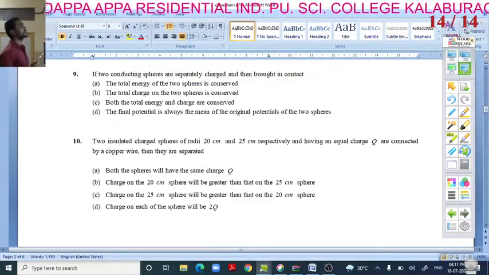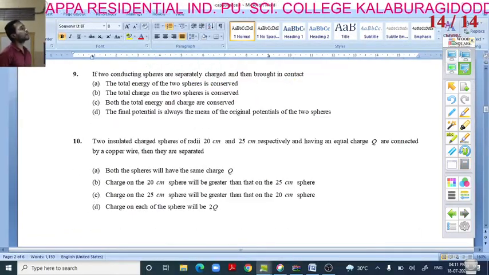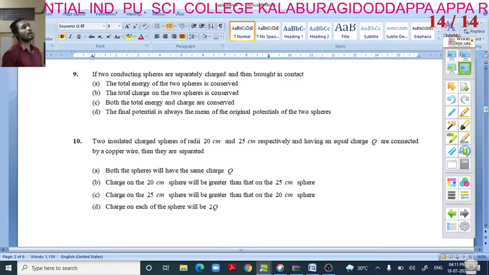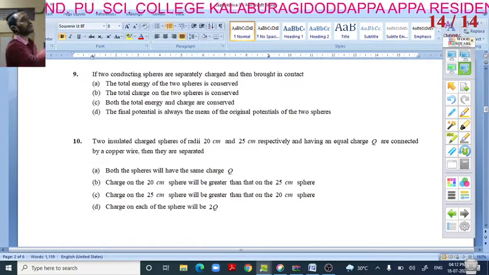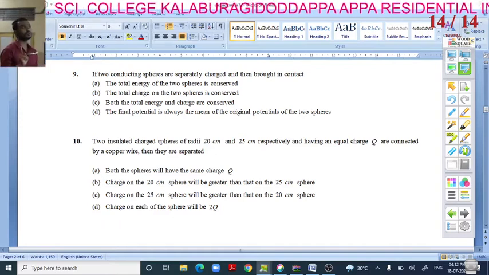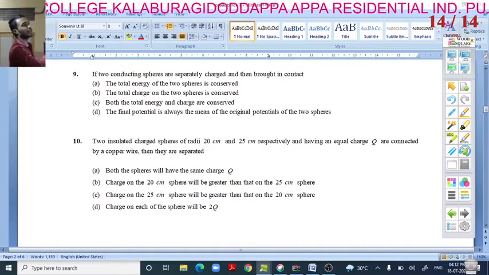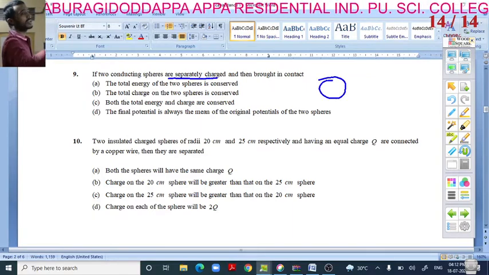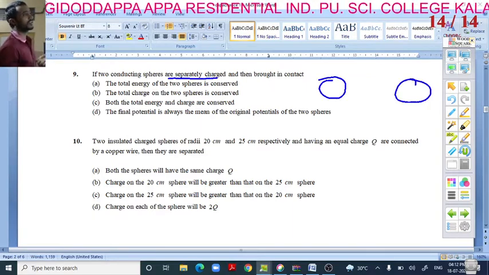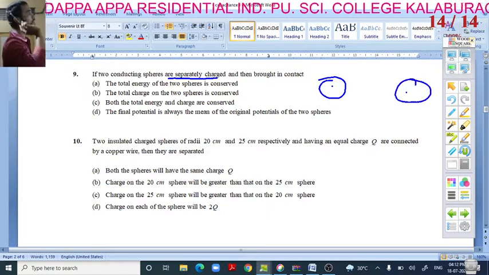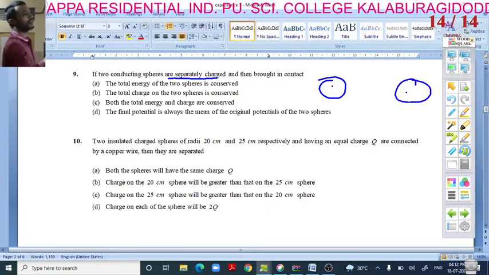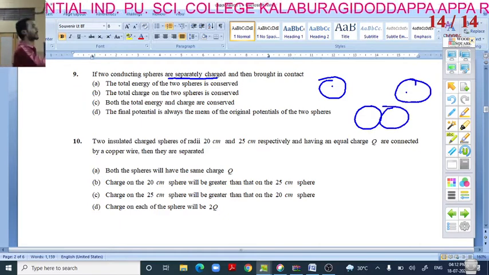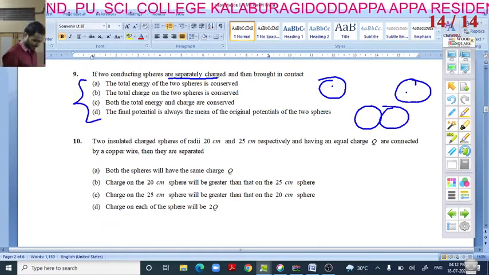Okay, next. If two conducting spheres are separately charged and then brought in contact, like this, what happens?